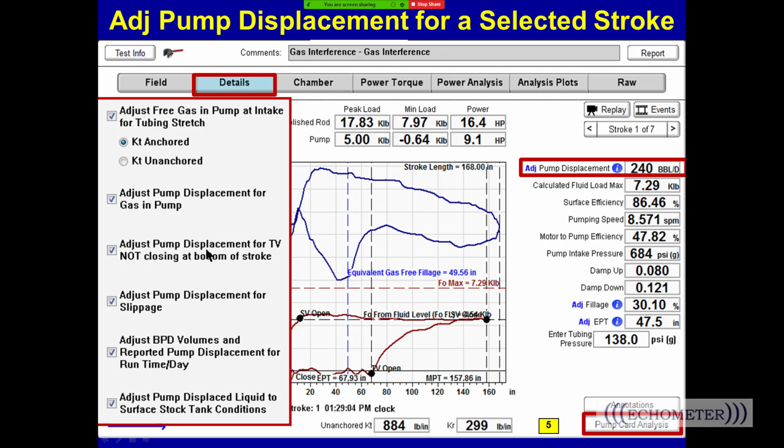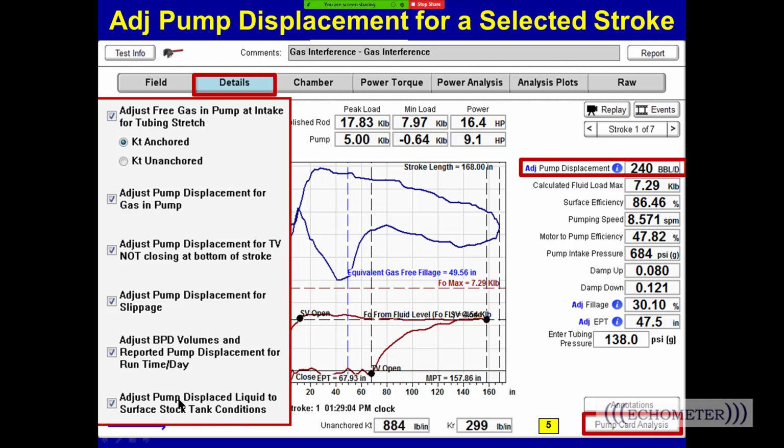If the traveling valve doesn't close at the bottom of the stroke, that's also lost stroke. And then also adjust for runtime. If your pump doesn't run continuously, if you have a timer or pump off controller, this assumes 24 hours a day. If you check this box and enter the runtime, it's going to make an adjustment. Say if you run 12 hours, that's half a day, so it cuts this volume in half.